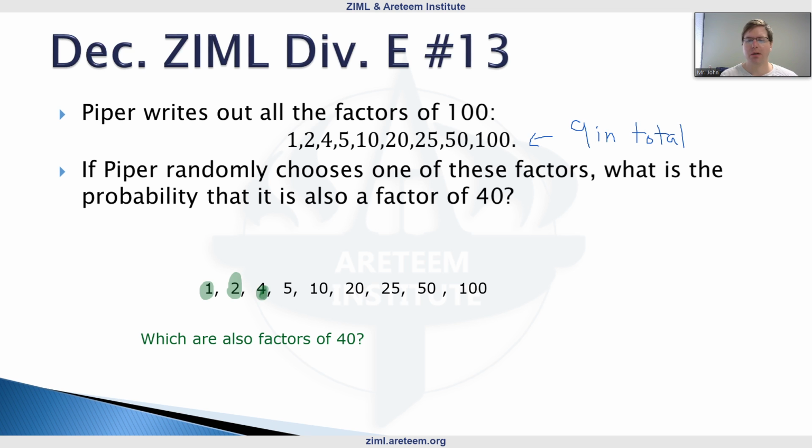But 1, 2, 4, 5, all of those work, right? 10, 20, does 25 work? No. Does 50 work? No. Does 100 work? Definitely no. So there are 6 of these, so we have 6 in this case as well.